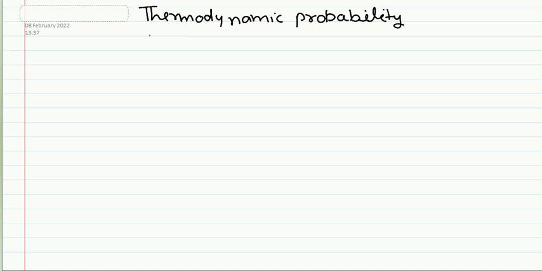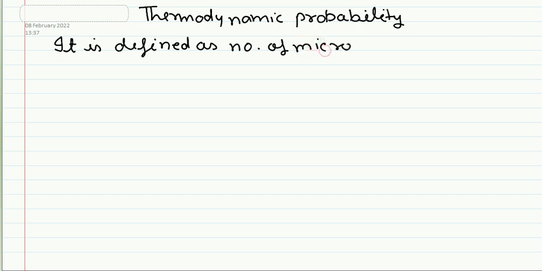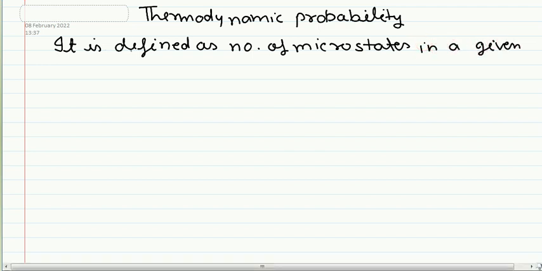Thermodynamic probability is defined as the number of microstates in a given macrostate.